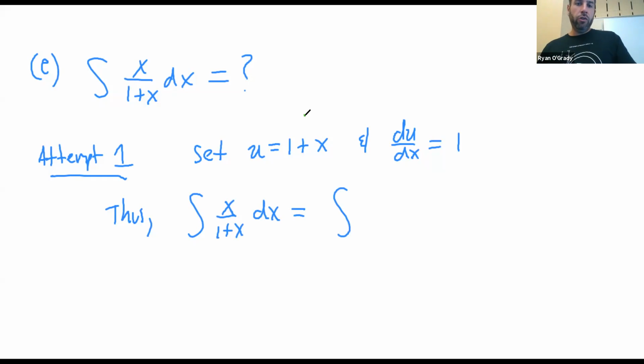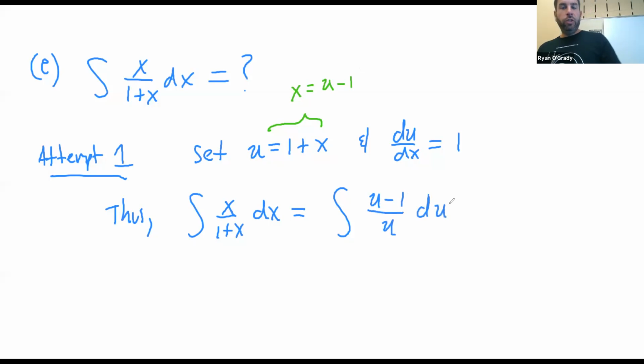We don't really call it a trick, we call it a method. What do I know from this relationship? I know that x is u minus 1, correct? So I can write this as u minus 1 upstairs over u du, which at first glance you might say doesn't help, but then you remember what you learned in algebra class.